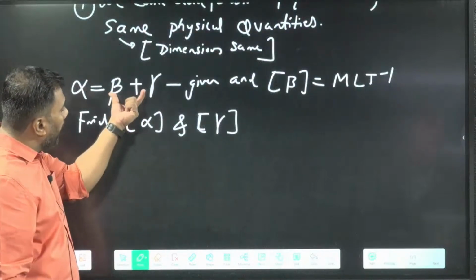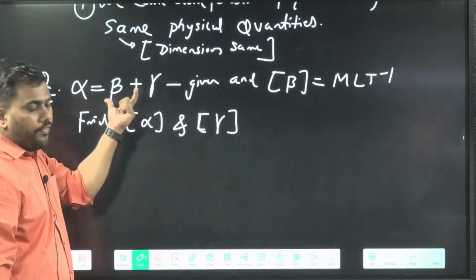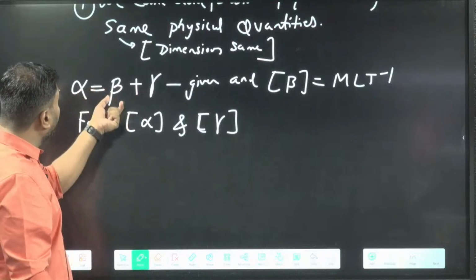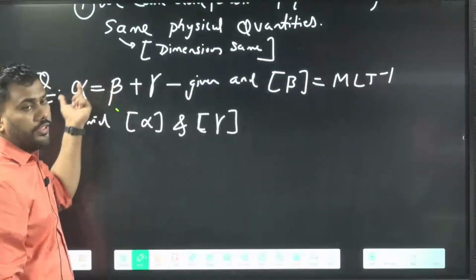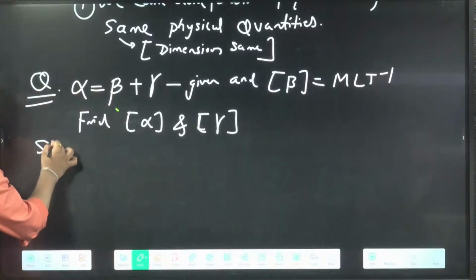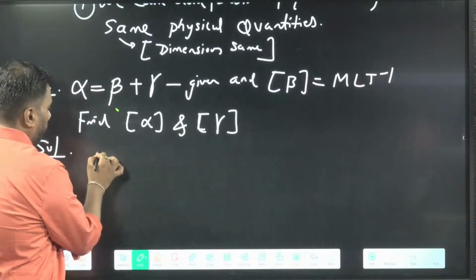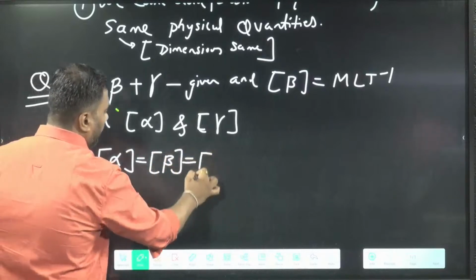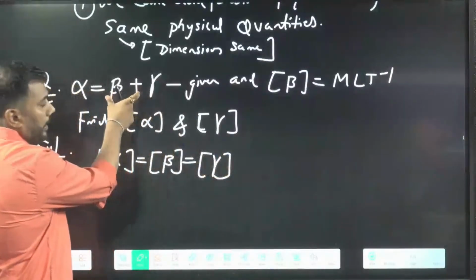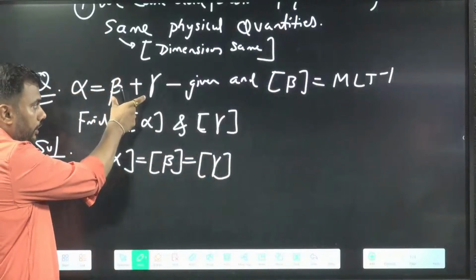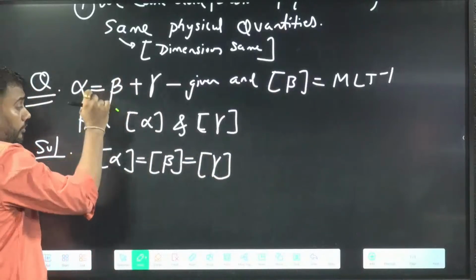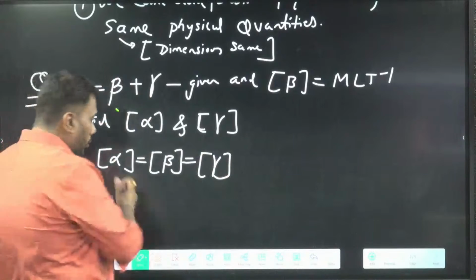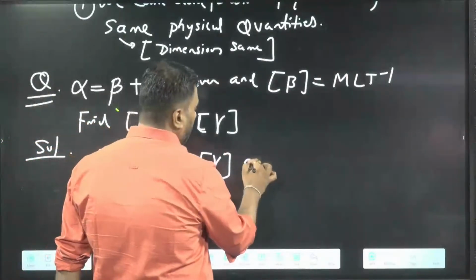So we can add only those physical quantities which have the same dimensions. We can equate only those physical quantities which have the same dimensions. So in the solution, I may write alpha, beta and gamma. I am adding beta and gamma, so they must have the same dimension. I am equating alpha and beta, so again they must have the same dimension.